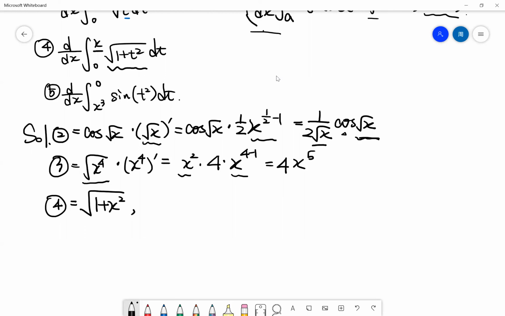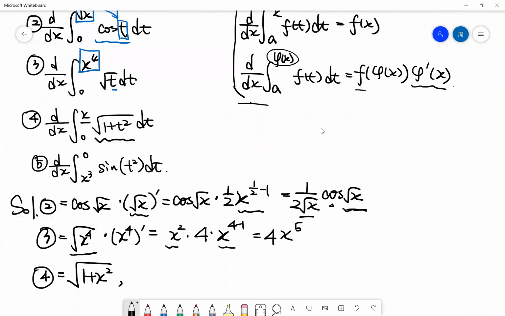And here, actually, you can only remember the formula number 2, because if I use number 2 to solve this question, it also works, because here you can treat x as phi x, right? So you can replace t to x. So that also equals square root of 1 plus x squared and times x prime, right?